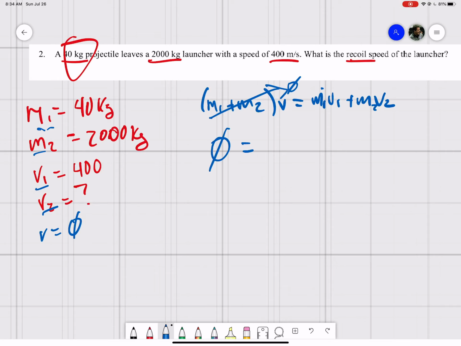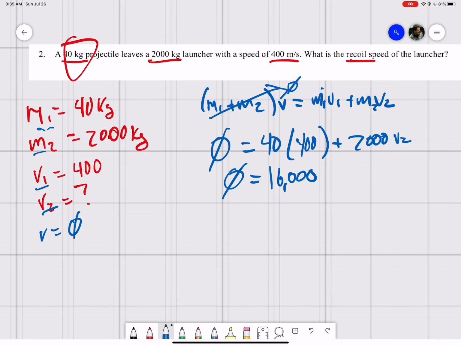So we have 0 is equal to 40 times 400 plus 2,000 times V2. So we can do our algebra from here. 40 times 400 will be 16,000. 0 still on that side, plus 2,000 V2.